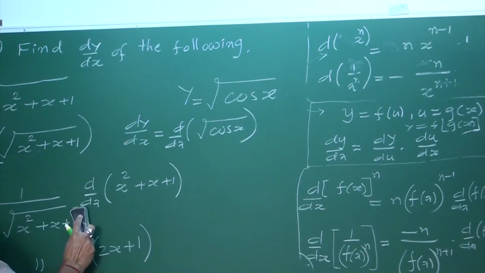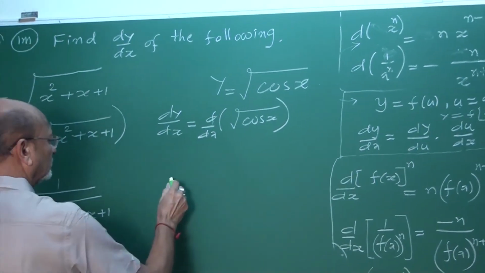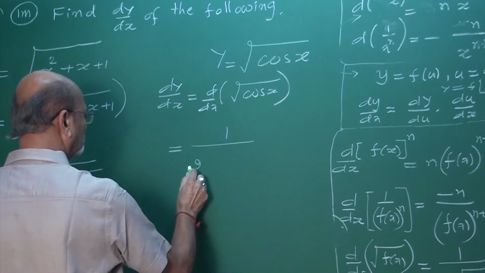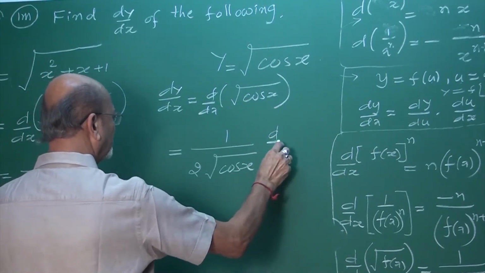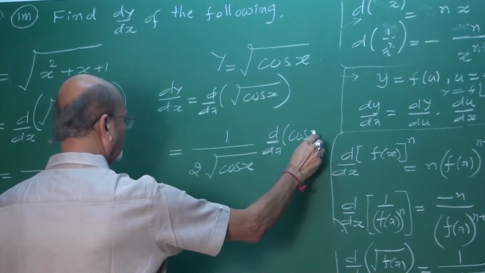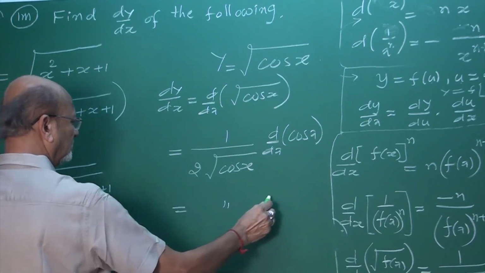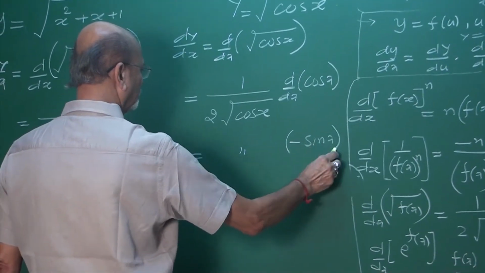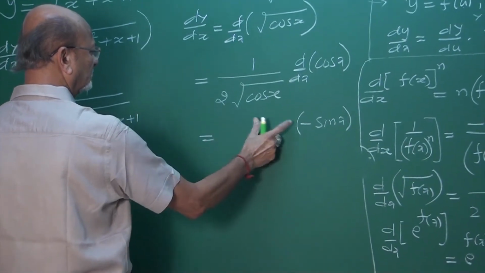Yes, correct. You are writing its derivative: root, 1 by 2 root first, whatever given, you write it. If the given is other than x, write its derivative. This is same. What is the derivative of cos? Minus sin x. Therefore, it is minus sin x upon 2 root cos x.